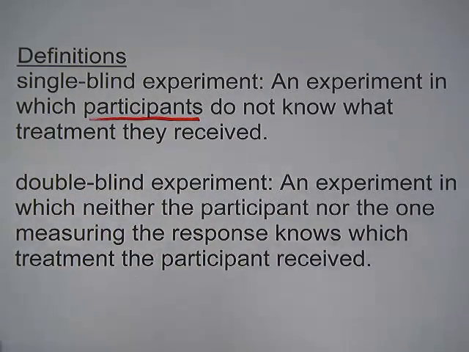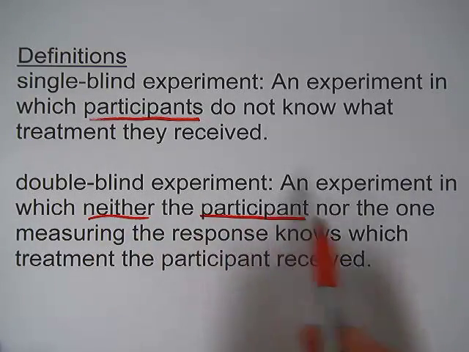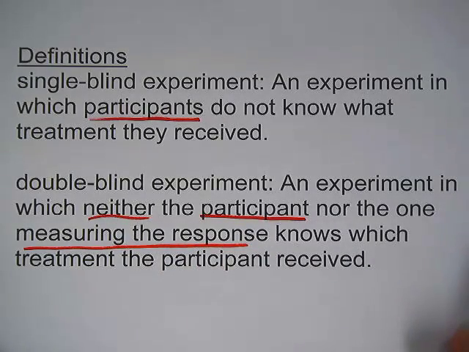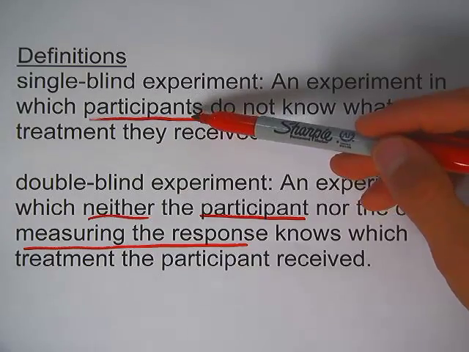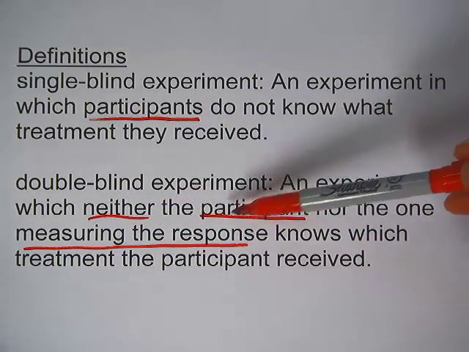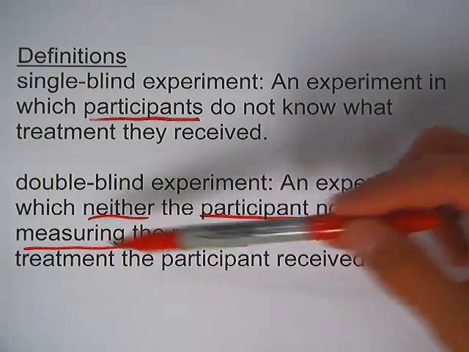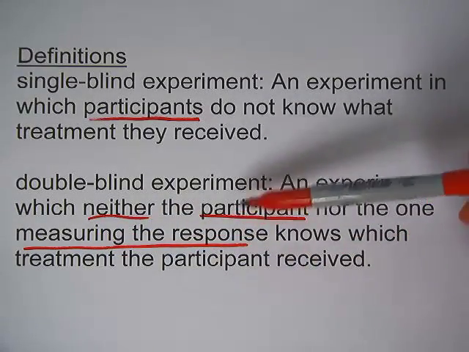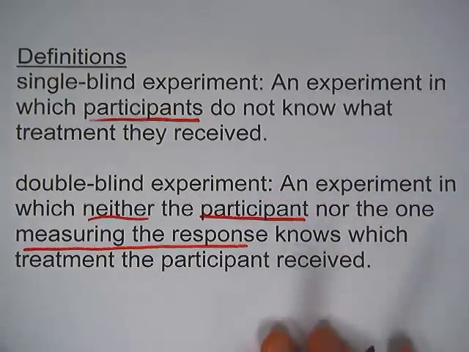Whereas a double blind experiment is an experiment in which neither the participant nor the one measuring the response knows which treatment the participant received. So single blind is only when the participant doesn't know the treatment. Double blind is where neither the participant nor whoever is measuring whatever response variable you have knows which treatment the participant has.